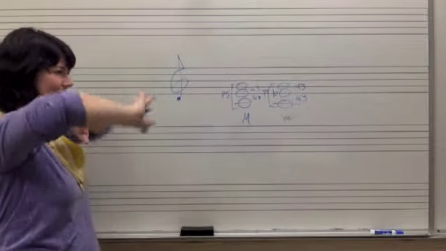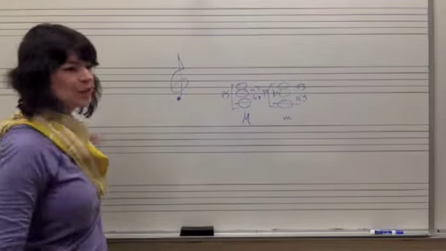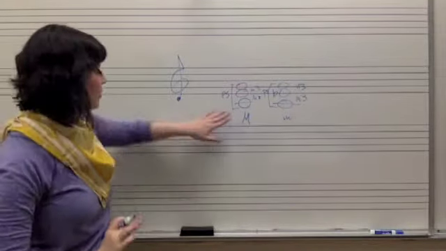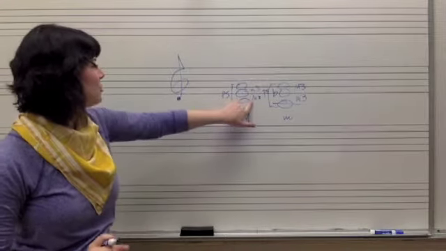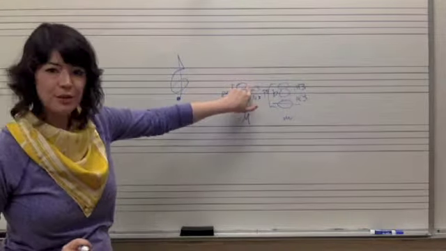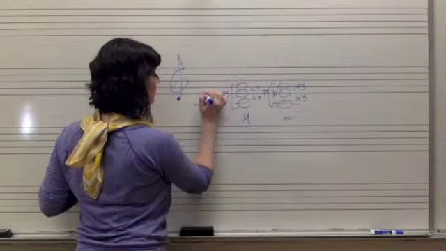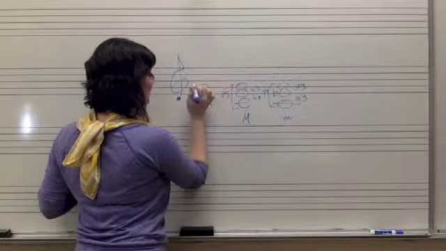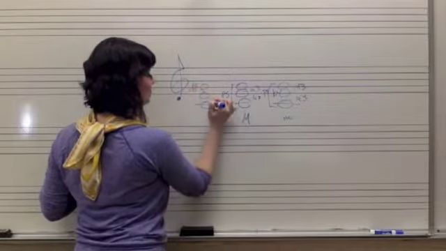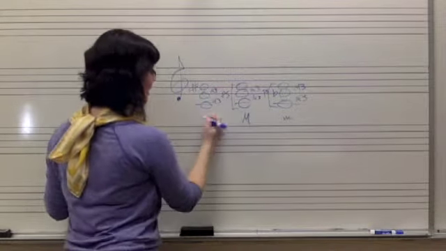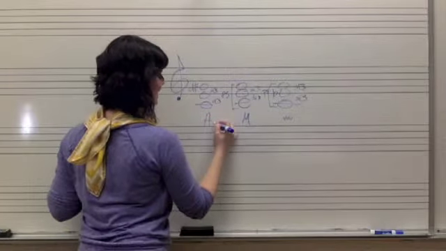Now, beyond that, in either direction, we have something called augmented and diminished. So if a major triad is a major third plus a minor third, if we have a major third plus a major third, that is an augmented chord.